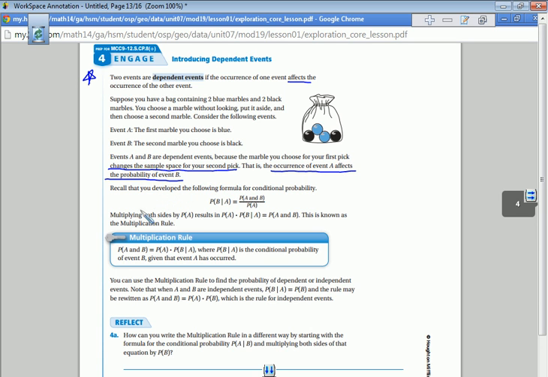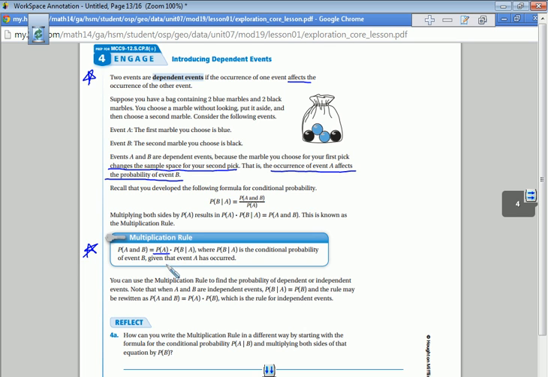So we have moved from what we were just looking at, independent events, into dependent events. And when we find the probability for dependent events, our formula is changed. For dependent events, we want to find the probability that A and B occurred.